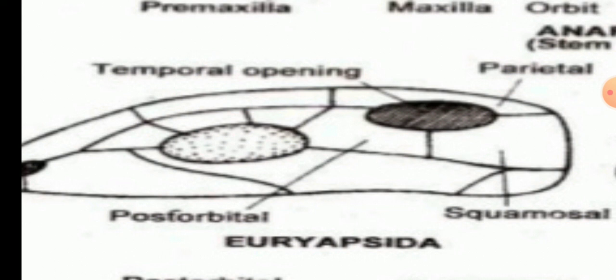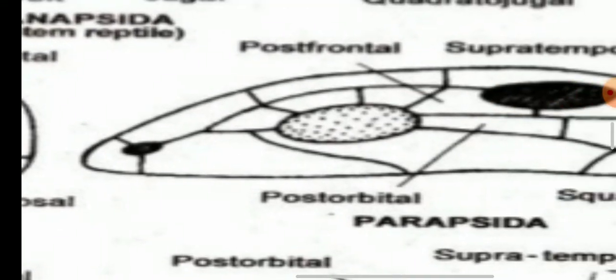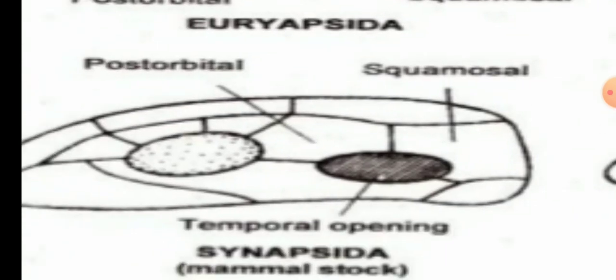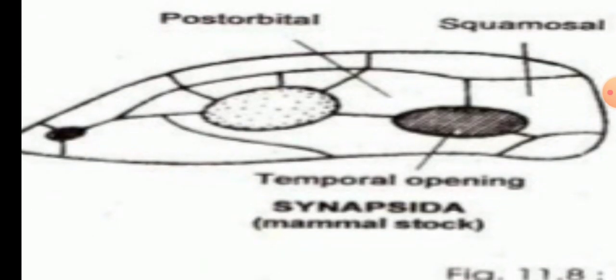Another type of skull is Synapsida. This Synapsida skull has a single fossa, which is the infratemporal fossa, because it is more towards the base of the skull.